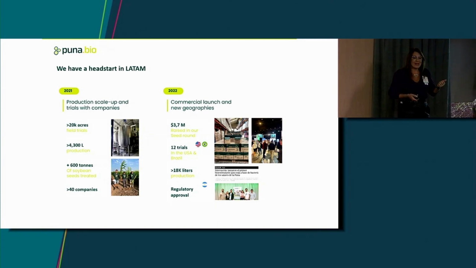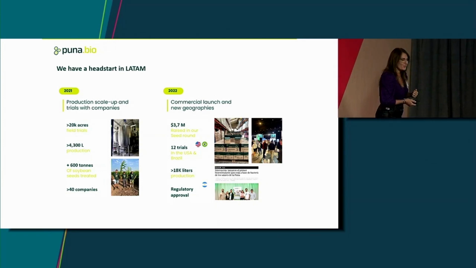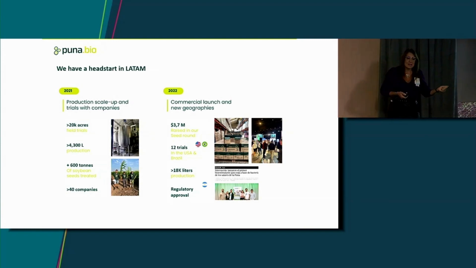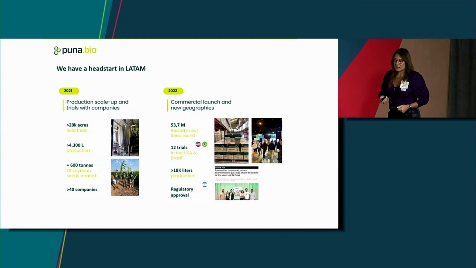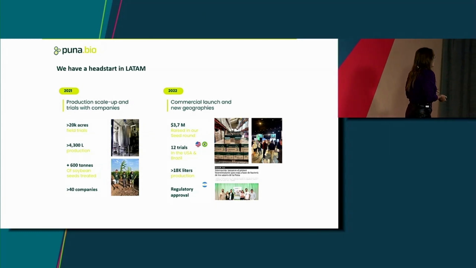Last year was a great year because we got our seed round to have more money to do more field trials. We started our field trials here in the United States, in different states, and in Brazil. Brazil, Argentina, and the United States are the main producers of soya in the world.